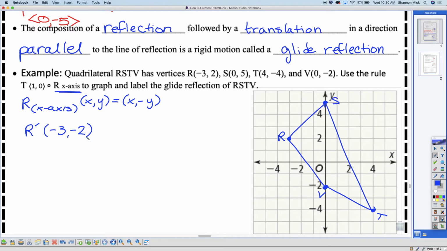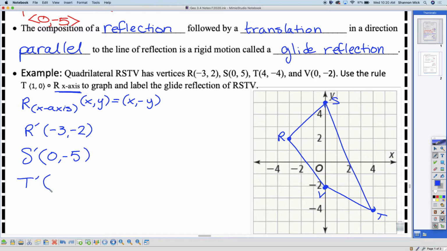Correct. Okay, so S. I want you guys to do S prime, see if you get it. Yes, Cole. 0, -5. Okay. T prime. Who wants to do T prime?